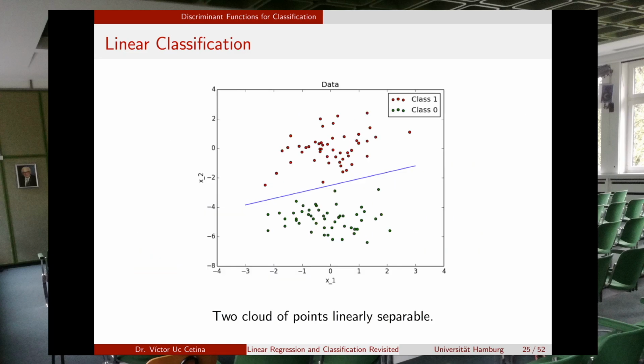This is a binary problem in which we have two clouds of points, and in this specific case they can be perfectly separable using a line. This is a case of linearly separable problem, and of course this is, let's say, an easy problem. Usually you have these clouds that are overlapped, and this is a bit more complicated.